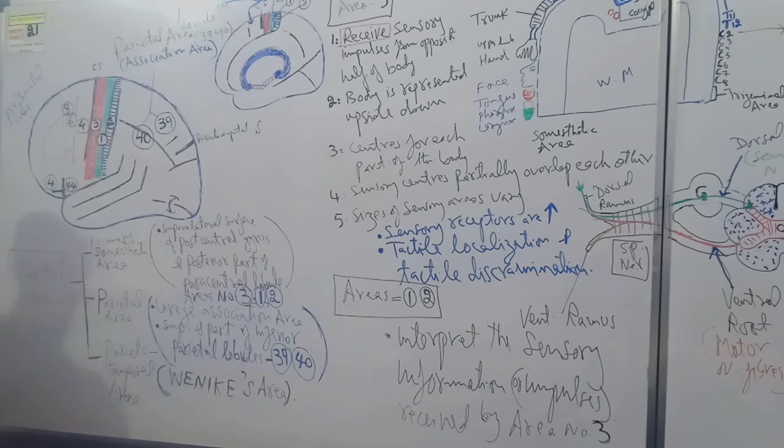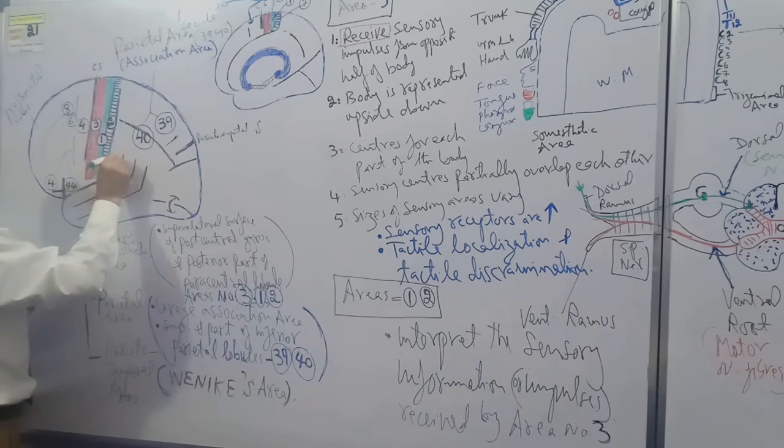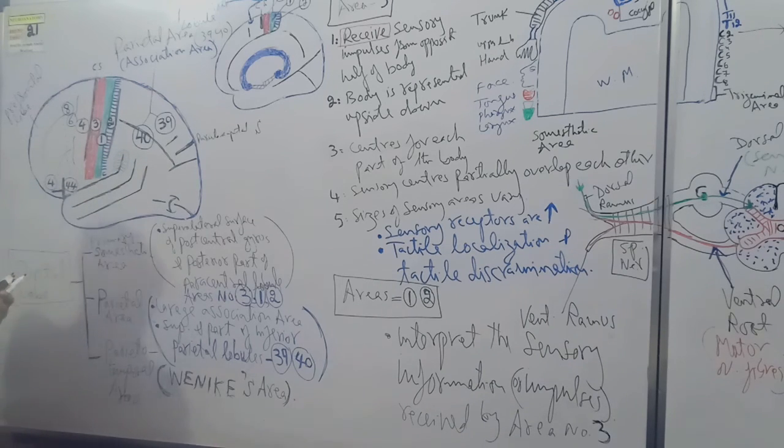Now I told you that the lower part of the inferior parietal lobule is traversed by the posterior ramus of the lateral sulcus, the superior temporal sulcus, and the inferior temporal sulcus. It is surrounded by U-shaped gyri. The gyrus around the posterior part of the lateral sulcus is surrounded by a U-shaped gyrus.